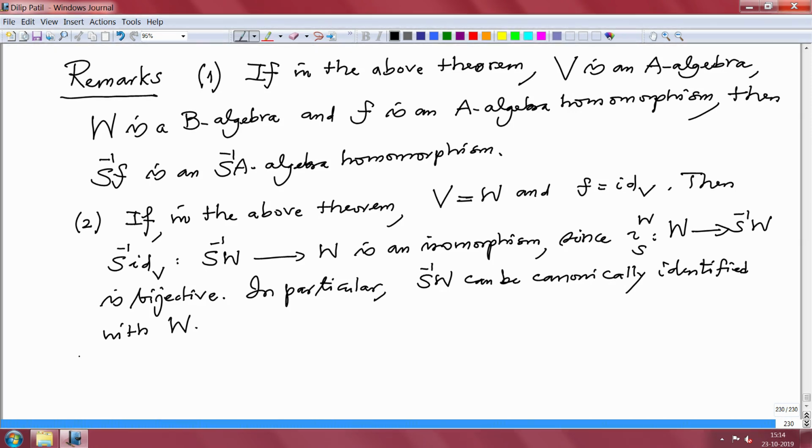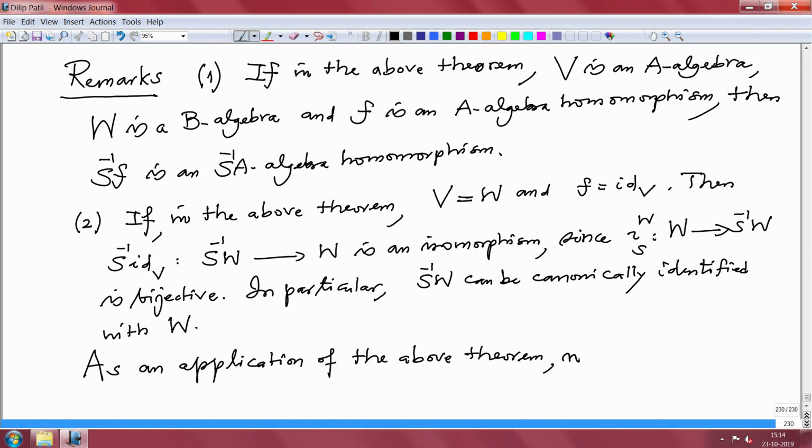Now I want to give an application of this theorem. As an application of the above theorem, we note the following.